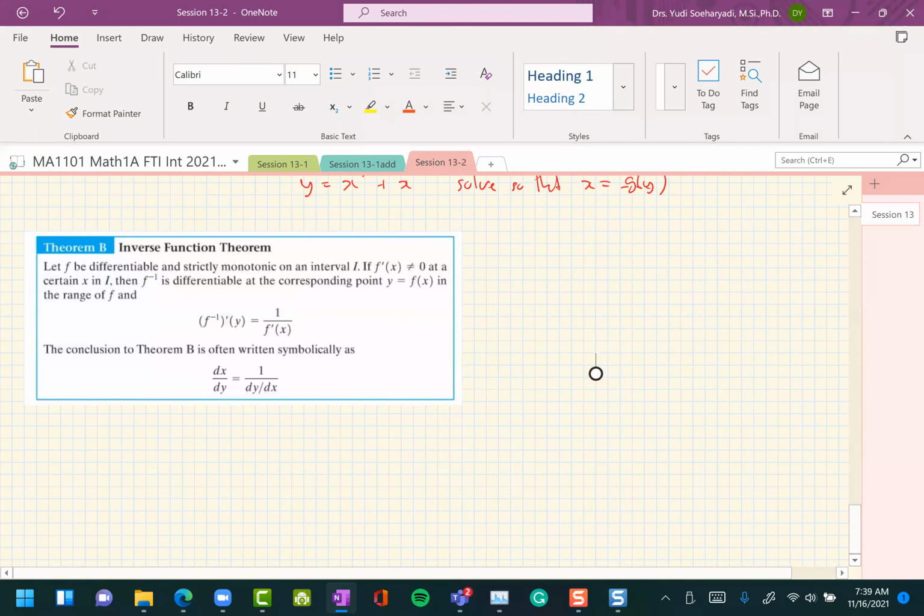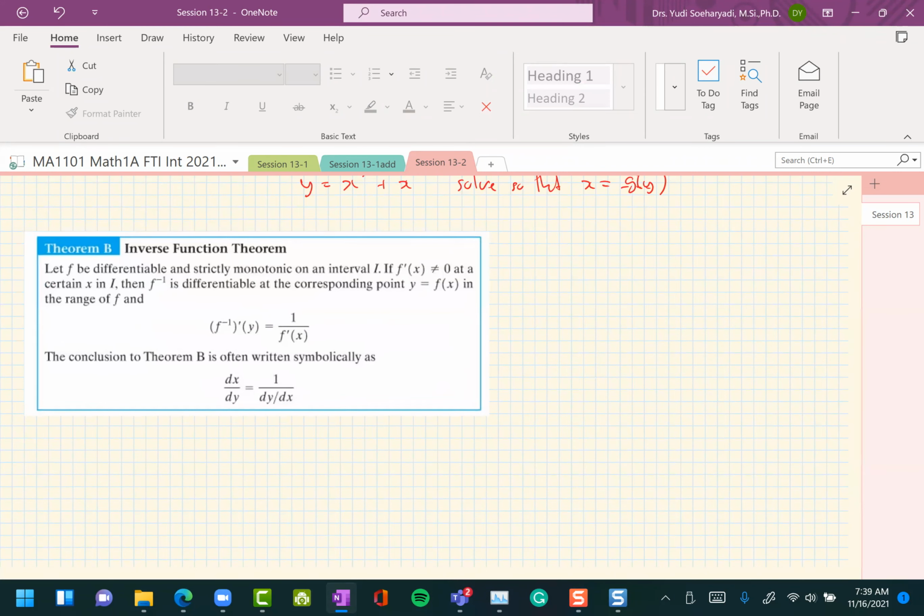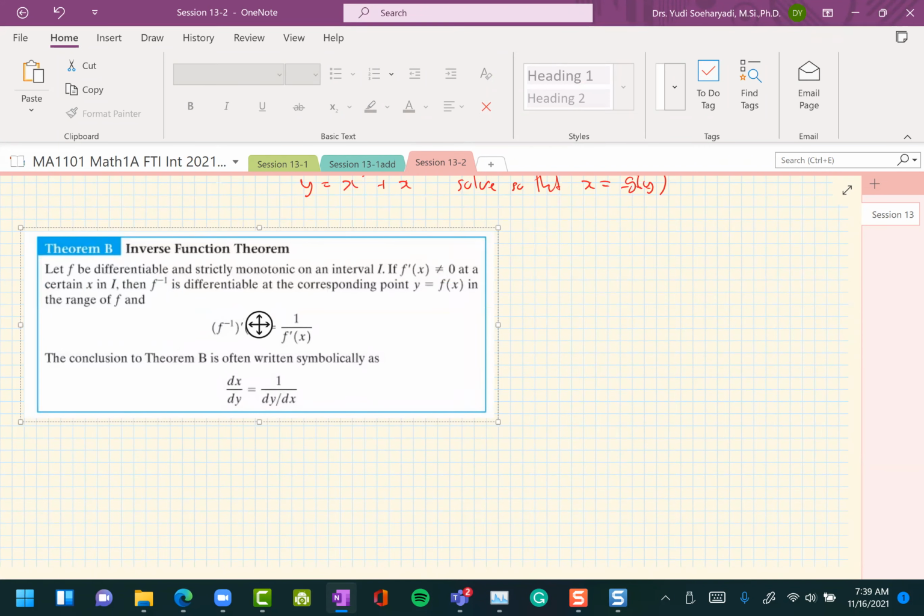So this is the theorem. What it says is that if we start with a differentiable function, strictly monotonic on I, so either increasing or decreasing, in both cases it's injective, and therefore the inverse exists.